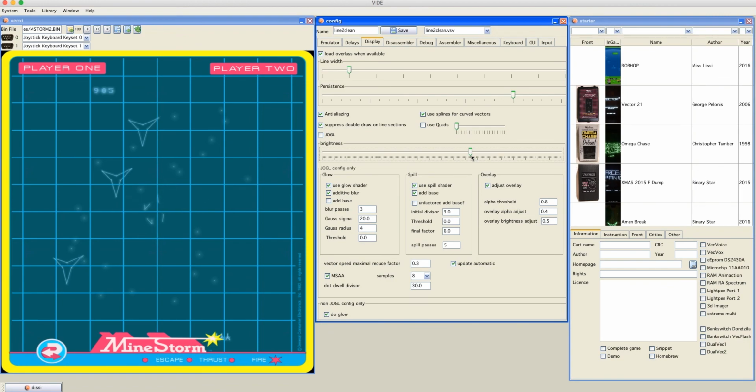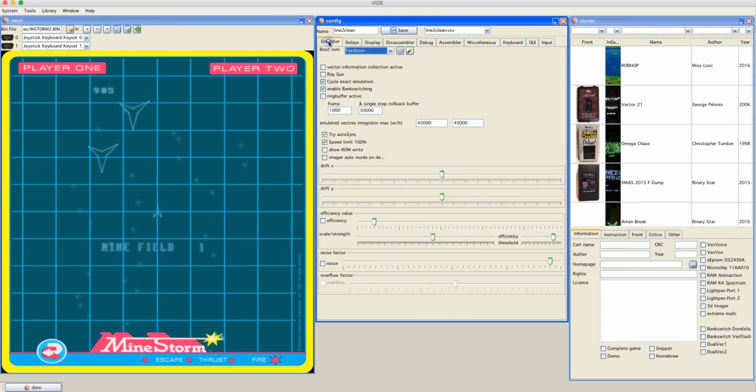Now it's somewhere at the brightness of the joggle implementation. Now I look at the speed. I switch off the speed limit, and right now it bounces between 95% and 100% speed.